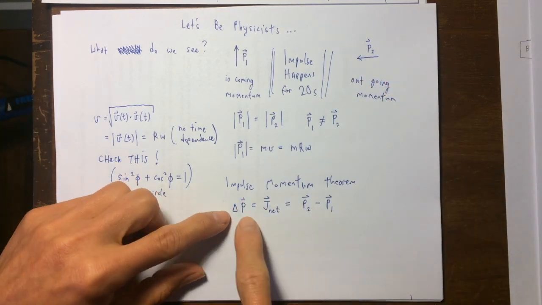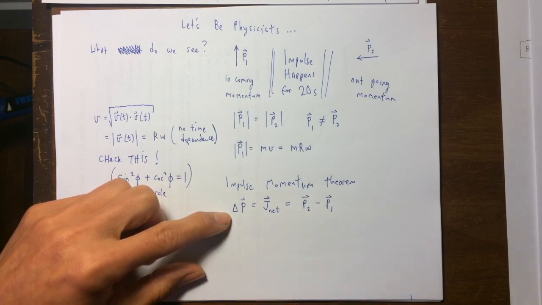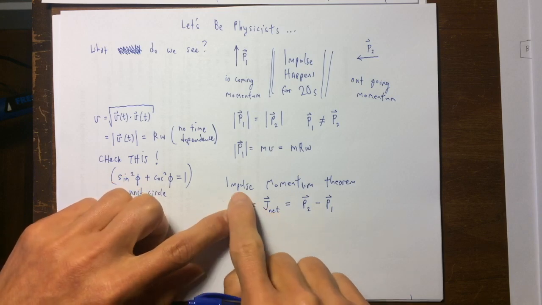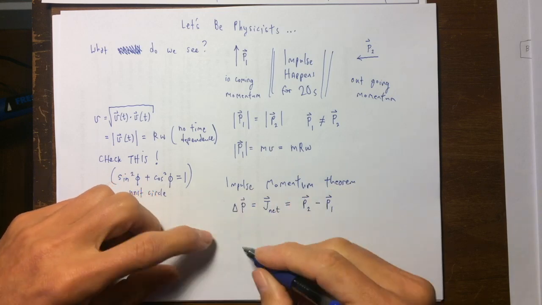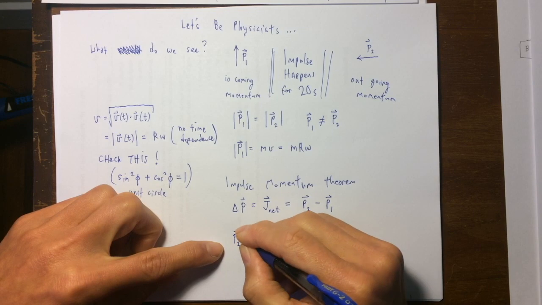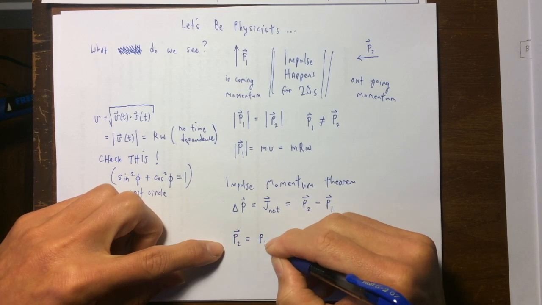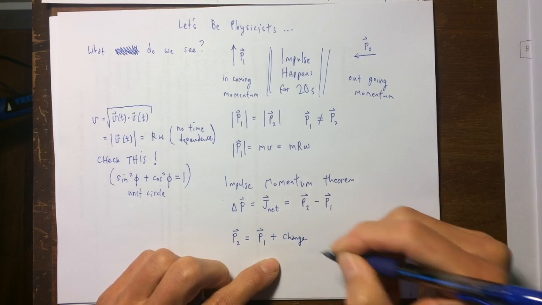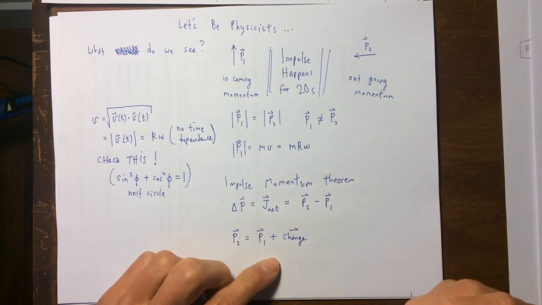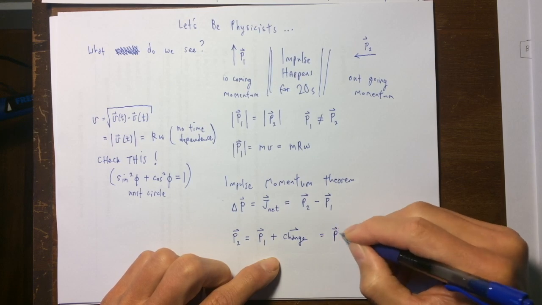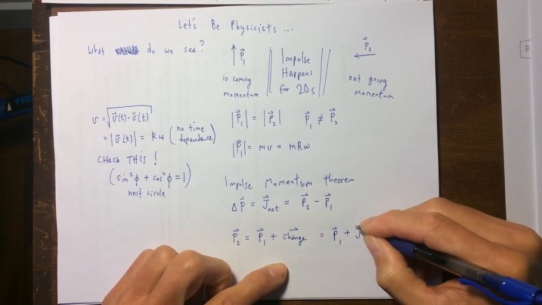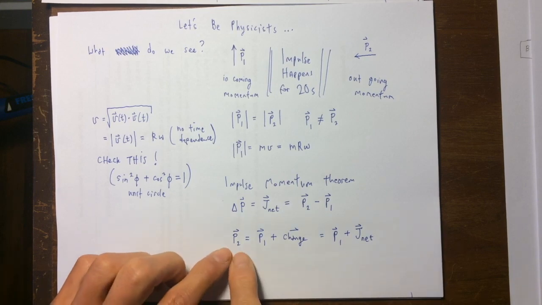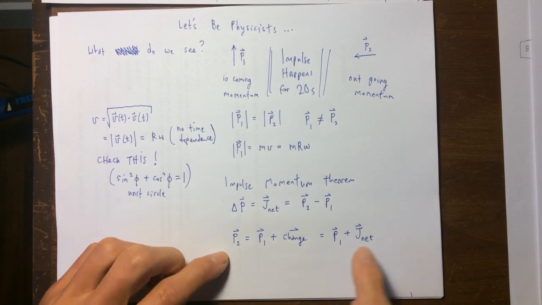Okay, so I like to take this formula and rewrite it in a different way. Delta P and J net are the same thing according to this theorem. So I'm going to say that P2 is equal to P1 plus a change. And this change is vector valued, and the change is what is the meaning of J net, right? So P2 is P1 plus J net.